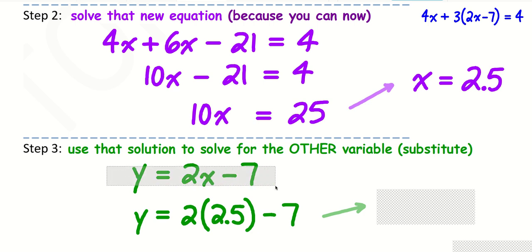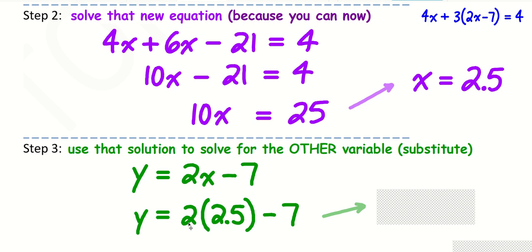I pick this one. It doesn't matter which one you pick. Try to pick the one you think is going to be easier. So I picked this equation to plug 2.5 in for x. A very good choice, if I do say so myself. And this will get you what y equals.